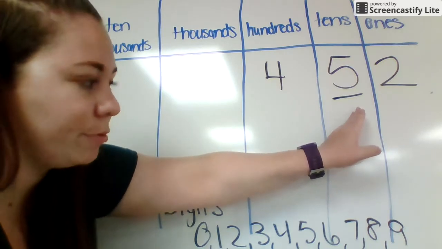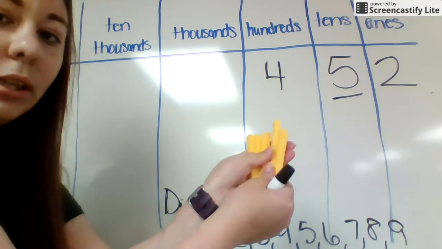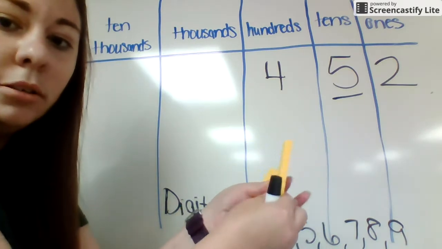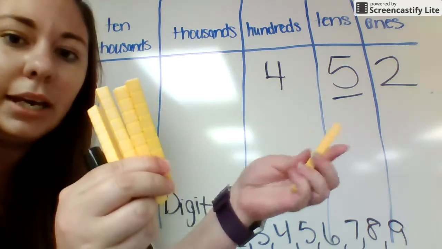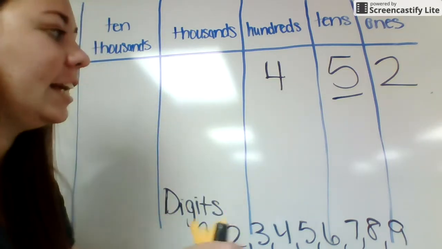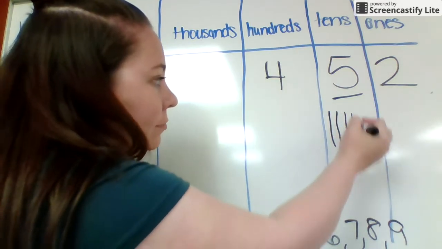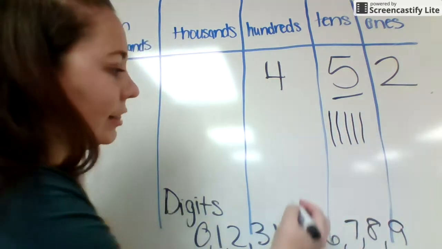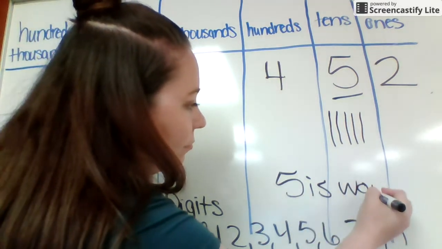So I know that the 5 is worth 5 tens. Like so, I have 1, 2, 3, 4, and 5 tens, or 50. So I'm going to draw my 5 tens.